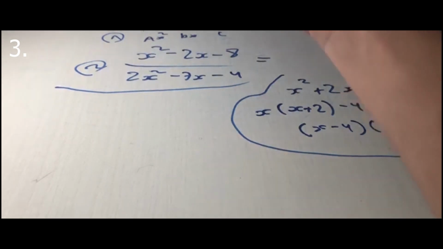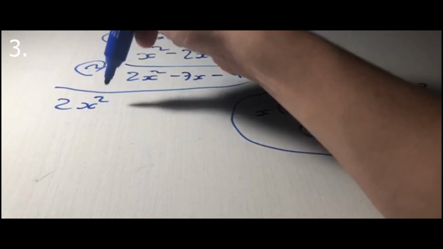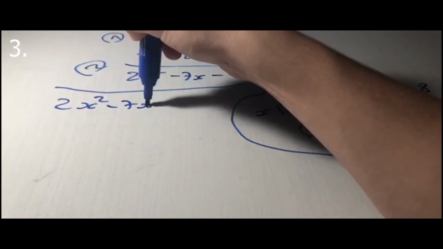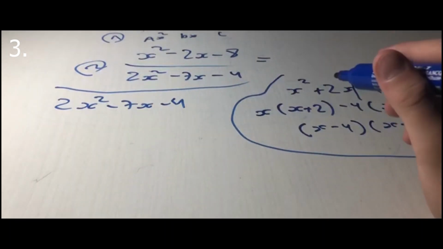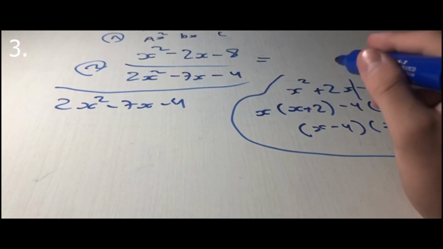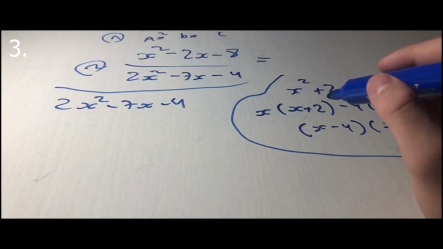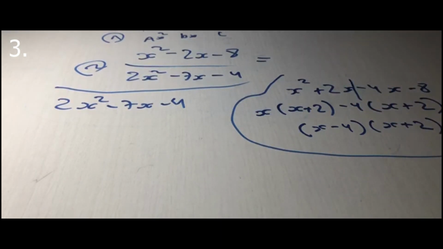So what we have to do is to get 2x squared minus 7x minus 4. So 2 times negative 4 is negative 8. So plus 1 minus 8 is negative 7. So those are the numbers we are going to get.